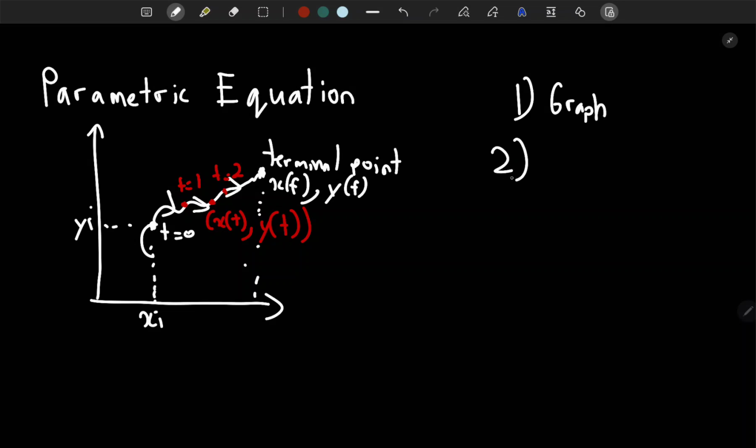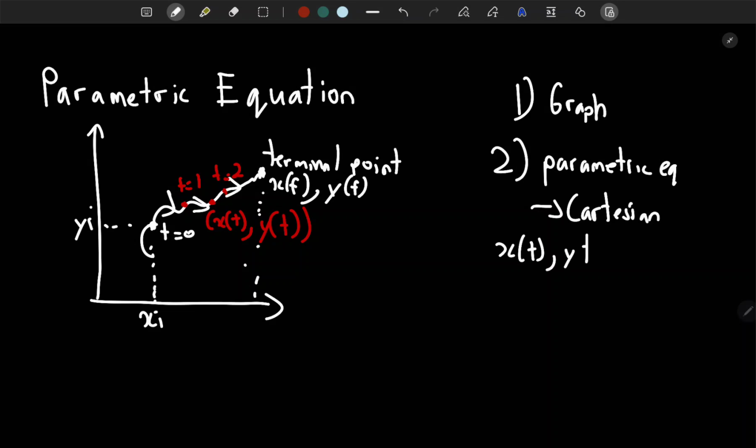Second step is that we are going to try to convert the parametric equation into a Cartesian equation, meaning we have x of t and y of t, so we want to remove the dependency on t and change it into y of x, so that we are not dependent on t anymore.